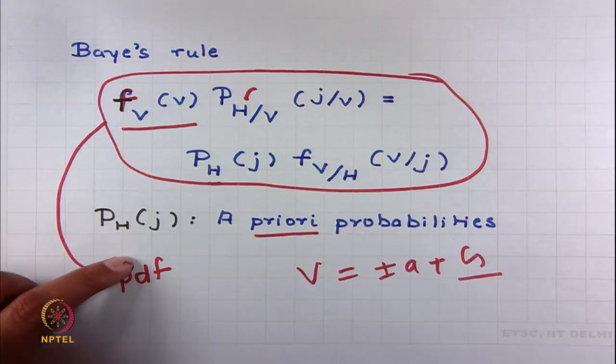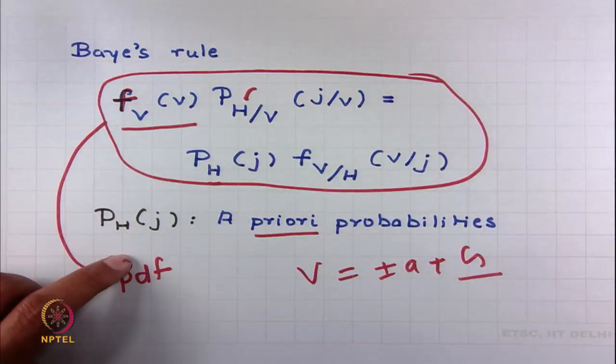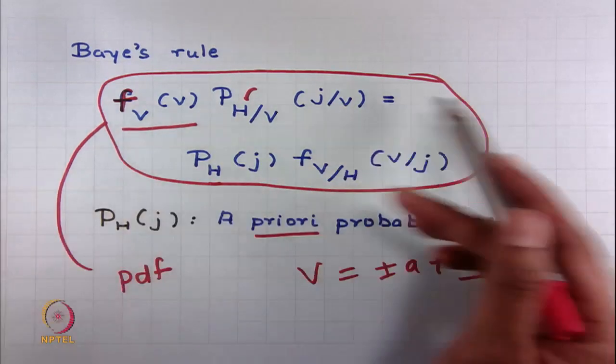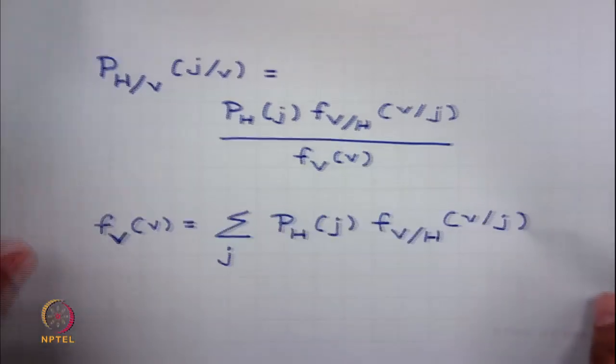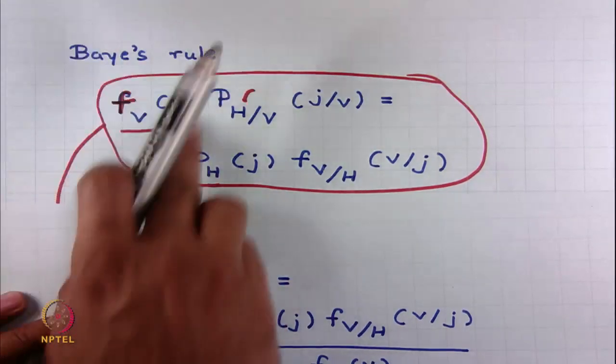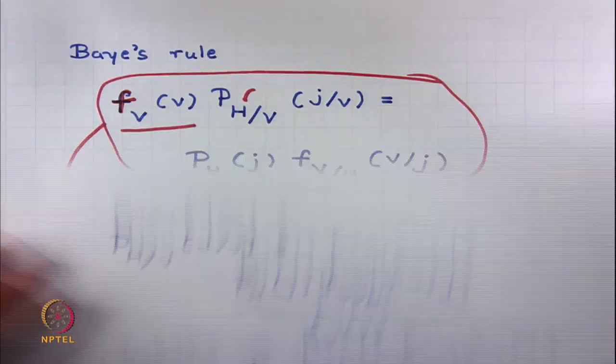Okay. So, based on Bayes' rule, we have got a link between a posteriori probability and a priori probability. Let us rearrange this basic equation by bringing down this probability density function of random variable V in here.